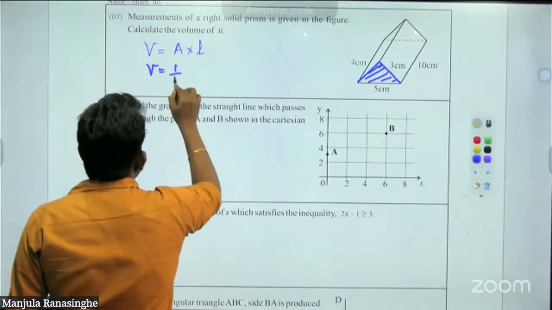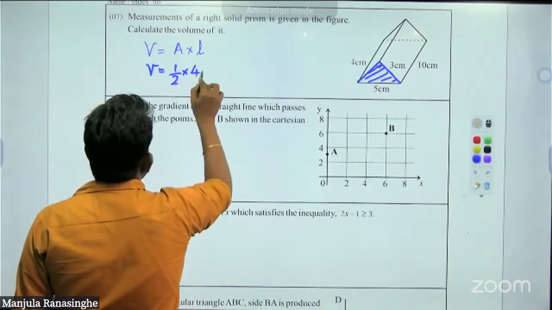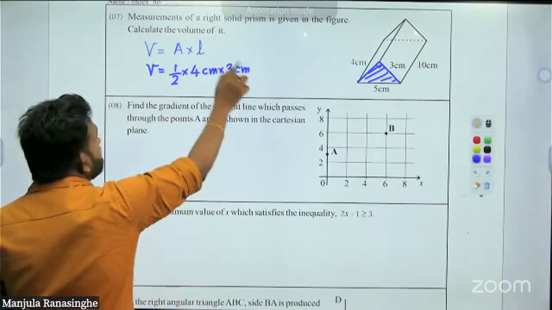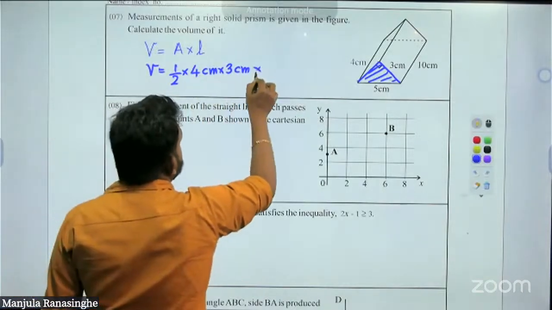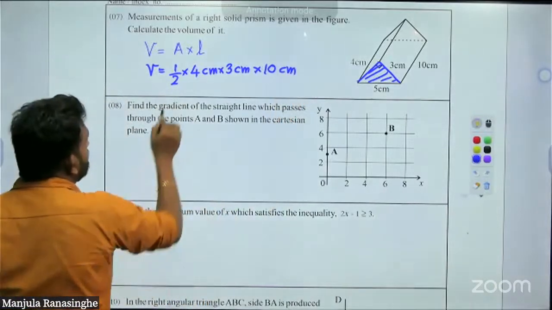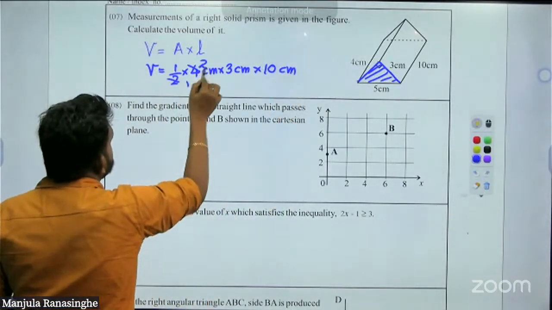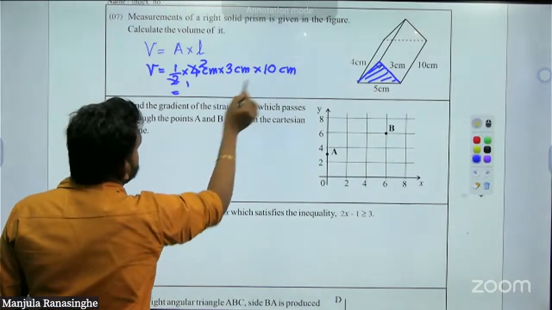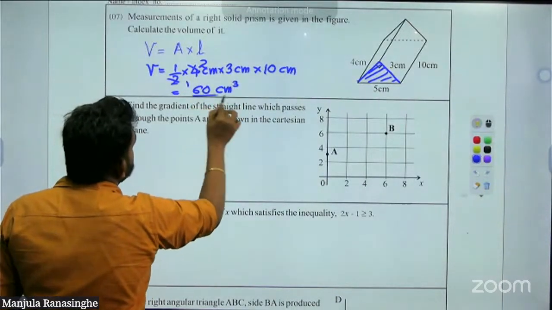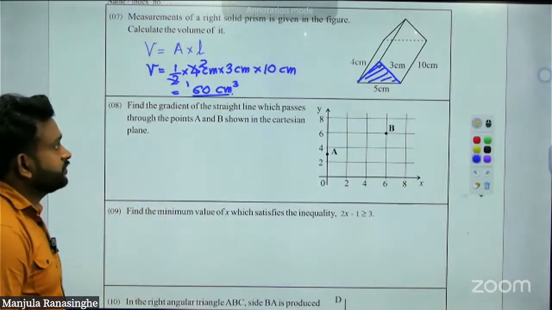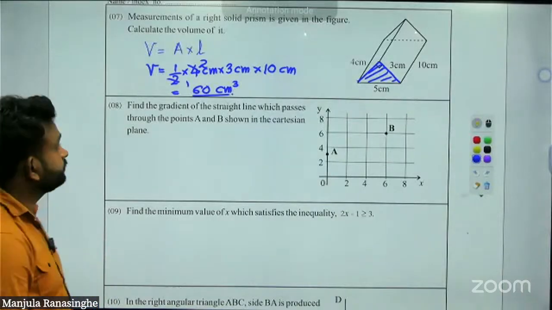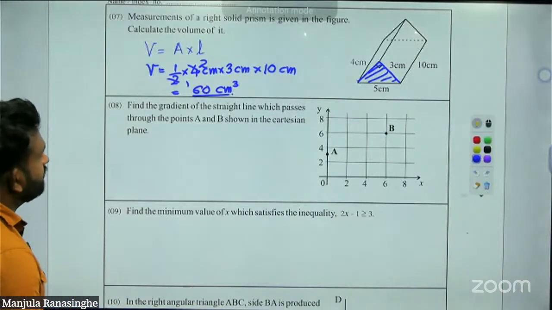So you write half times the base 4 centimeter times the height 3 centimeter, that is the cross-sectional area, times the length of the prism, which is 10 centimeters. Now simplify: 2 into 4 is 2, then 2 times 3 is 6, times 10 is 60. What is the unit? Cubic centimeters. 60 cubic centimeters. Okay, fine. That's question number 7.